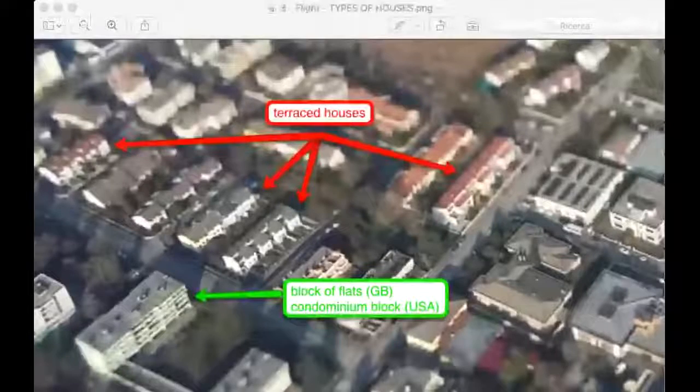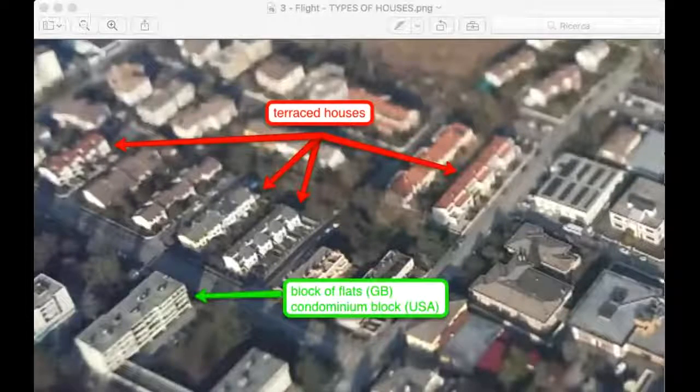Okay, now we can go up and see what I managed to take pictures of from above. Let's start with this one here. Here we have different types of houses. I wanted to distinguish terraced houses from blocks of flats, which in American is called condominium blocks. Terraced houses, you can see particularly in the middle of the picture, some white terraced houses with a grey roof.